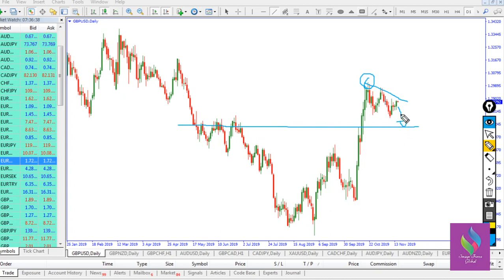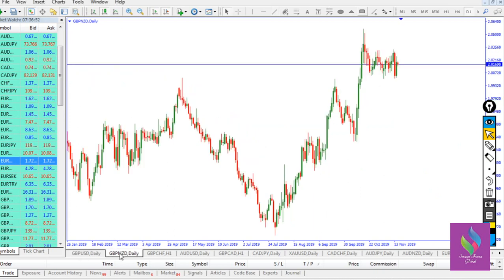And possibly we'll see a downward continuation of the GBP in a long-term trade. That's all for GBP USD, and let's head to GBP NZD.